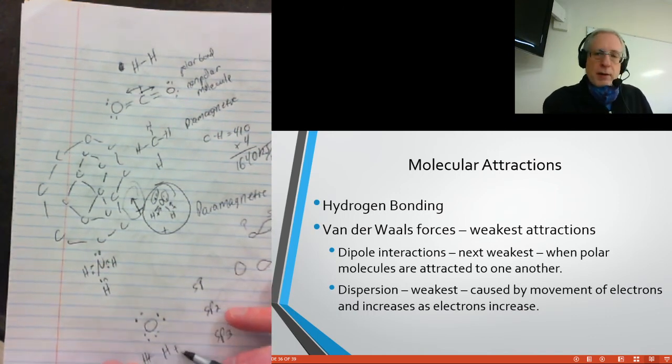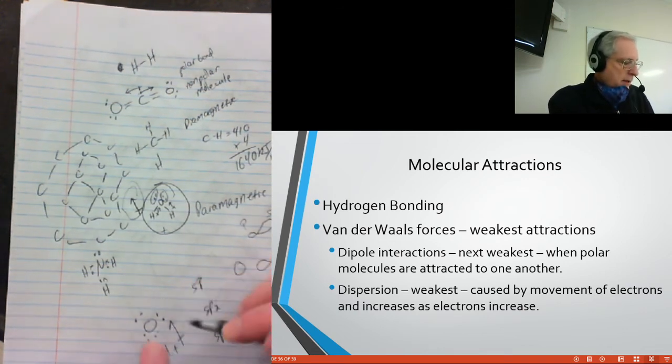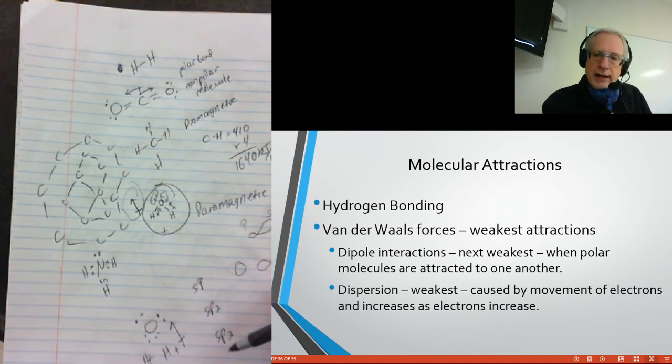Because you have these exposed hydrogens that have a proton basically exposed, because the electron has been pulled towards the oxygen, this becomes stronger than most polar interactions because there's no shielding.